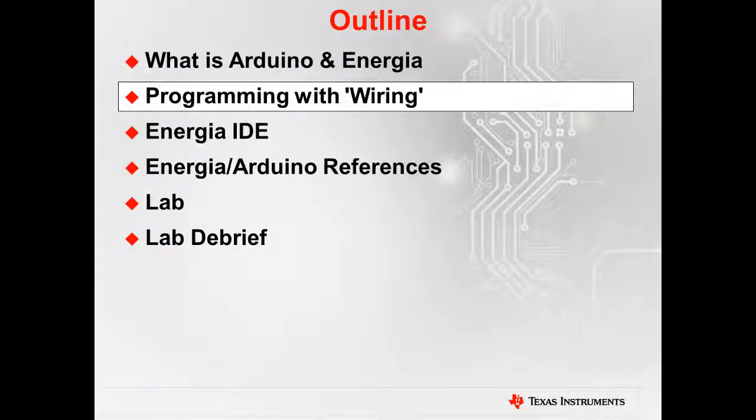So back to our original question, what does a Wiring sketch look like, or what does a program for Energia look like? If you're familiar with Arduino, this should look very familiar, right? In fact, if you're coming over from the Arduino world, the language is going to look exactly the same and you'll feel right at home.